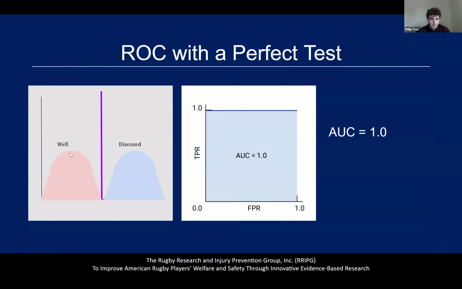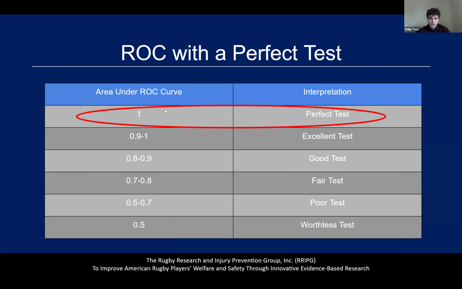Right here, as I mentioned before, with two groups that are completely distinguished, as we move the cutoff point along the line, we would always have either 100% sensitivity or specificity. That would give us an area under the curve of 1. Right here in our table, we would be labeling that as a perfect test with our interpretation because the groups are completely different in their classification.